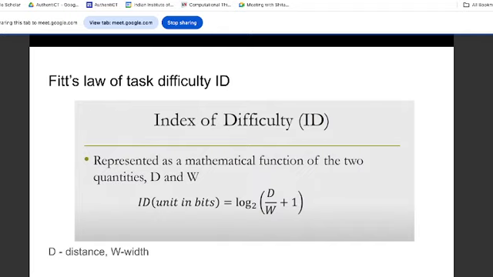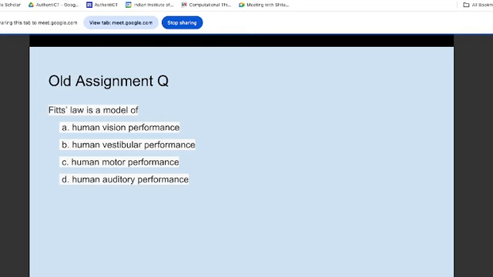It is not actually proportionate; it's a log relation. But if the object is very small, tiny, it is very difficult to acquire. Whereas if the object is of a broad enough width and height, then it is easier to acquire it. That's the basic idea behind Fitts law of task difficulty.